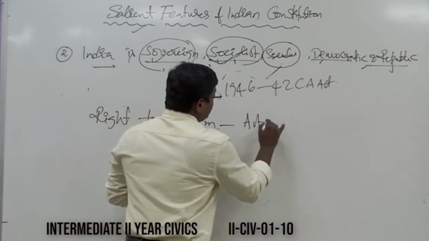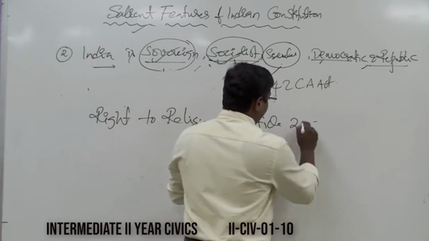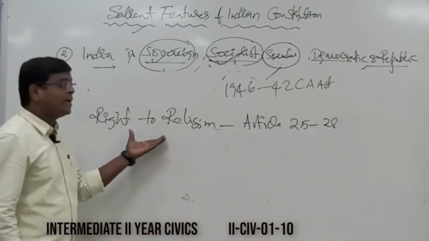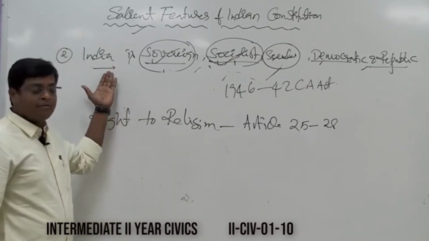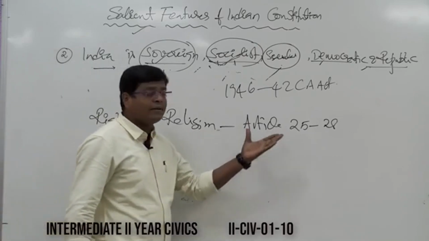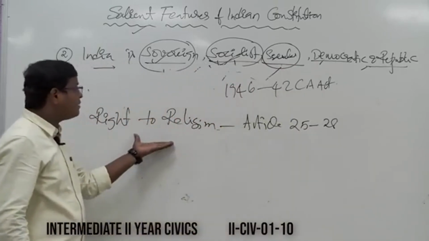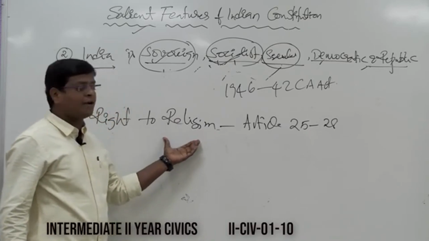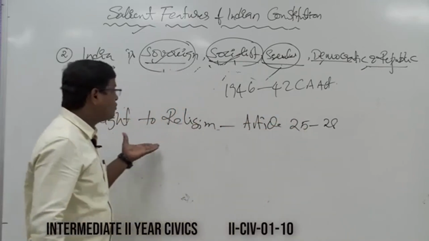You know that Articles 25 to 28 of the Indian Constitution deal with the right to religion. You know very well, we studied it in the fundamental rights. It is a very popular fundamental right, the right to religion, Articles 25 to 28. So before the incorporation of secularism, we had the features of a secular state in the concept of fundamental rights, Part 3 of the Indian Constitution.